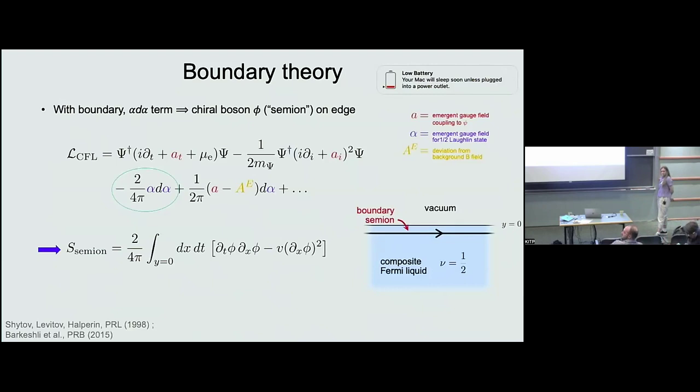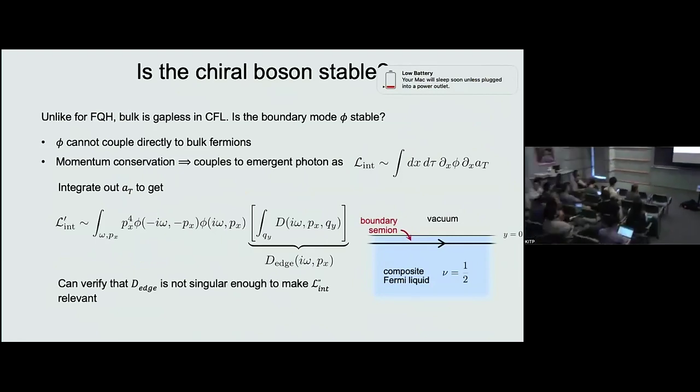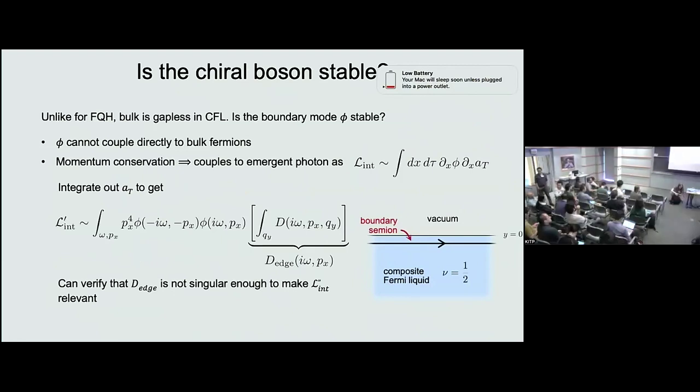So I have a technical question. Your coupling of the semion mode with bulk degrees of freedom, you included the gauge field coupling. Now, in principle, you need to plug it in.